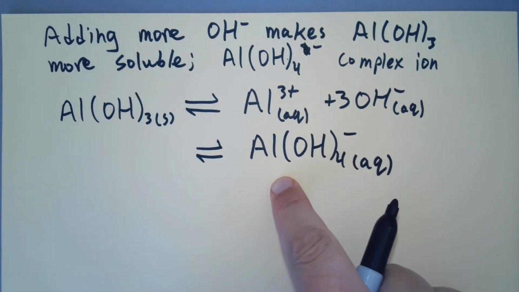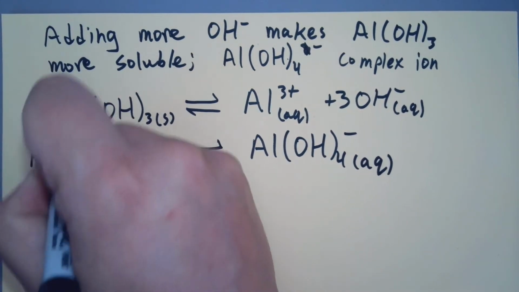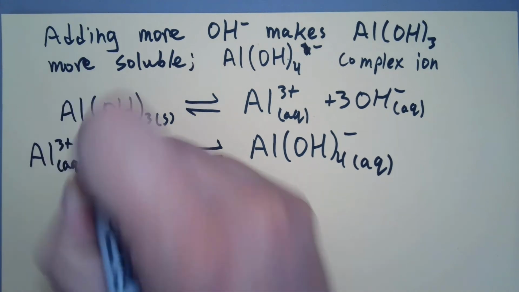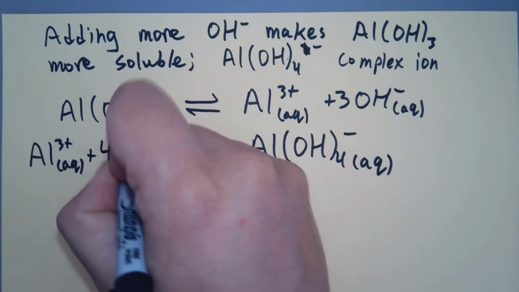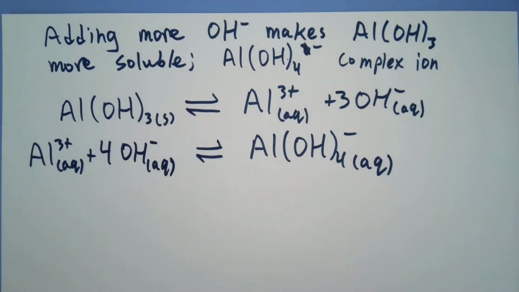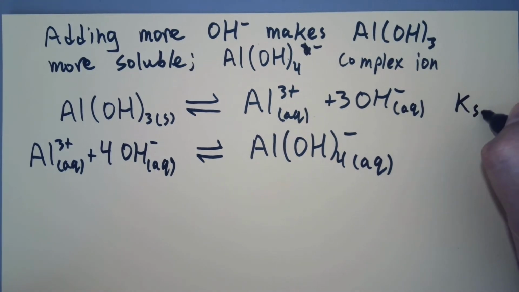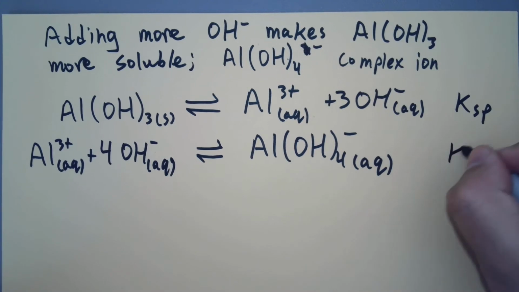So what goes into forming that complex ion? Well, you're going to have your aluminum 3+, and you're going to have about 4 hydroxides. Okay, and so this has a value for KSP, and this is just our expression for KF.